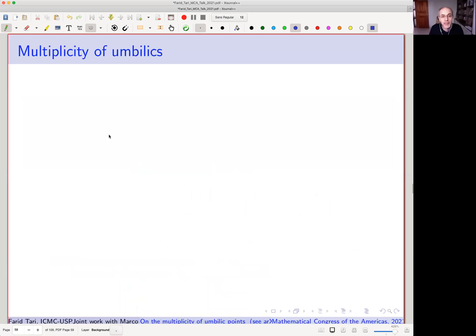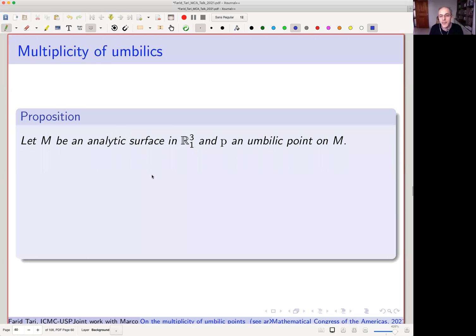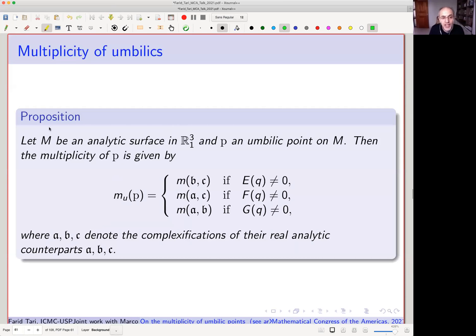Now, for the multiplicity of umbilic, because the umbilic points are given by the vanishing of two functions, if I have an analytic surface in R3 and P is an umbilic point, then the multiplicity of the umbilic point is just the multiplicity of the ideal generated by the functions B and C. Why? The multiplicity of the umbilic point is the number of solutions it can split into after deformation of the surface.